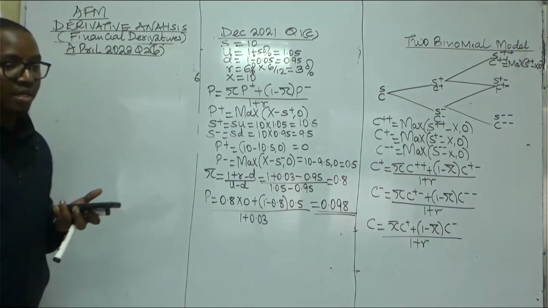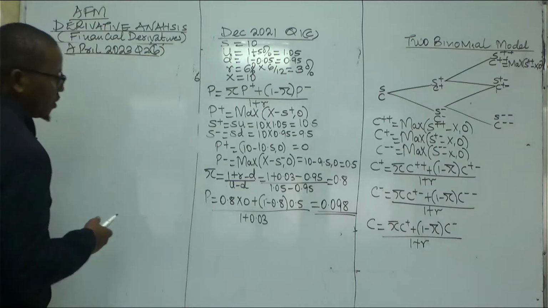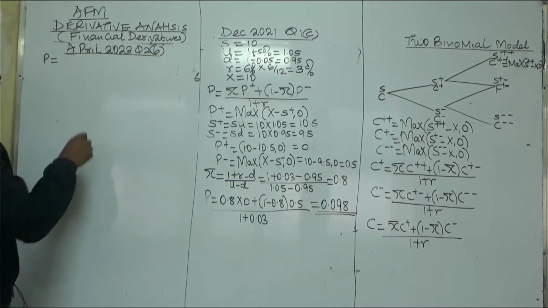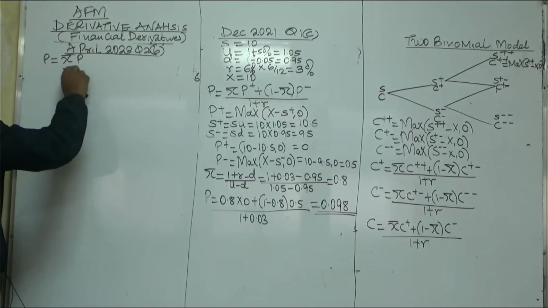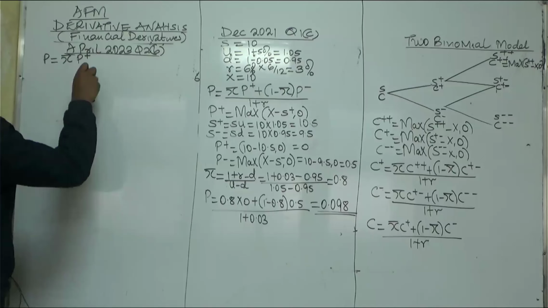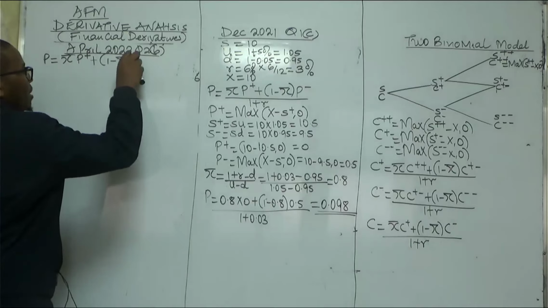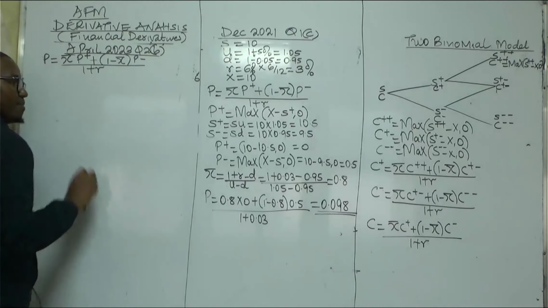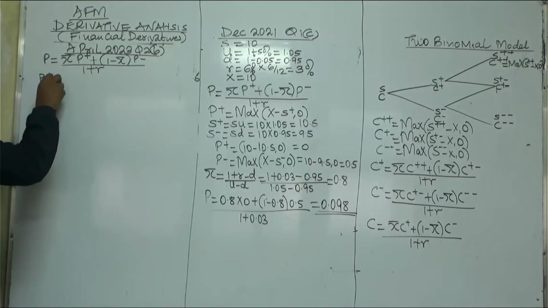Now, this is the case of a put. In the case of a put, we know we have to start with the exercise price. So we want to know the value of our put today. The value of our put today is the risk neutral probability, P plus, plus 1 minus the risk neutral probability, P minus, divided by 1 plus R. First we need to know this P plus.